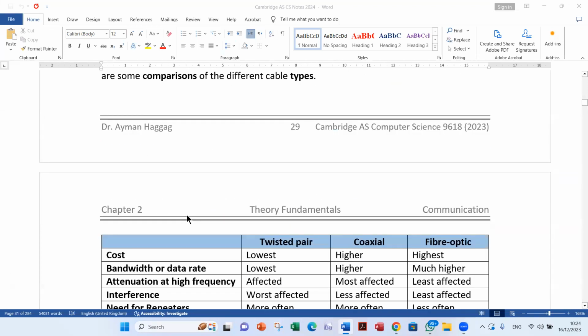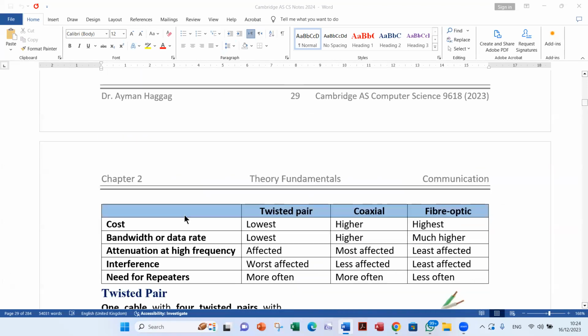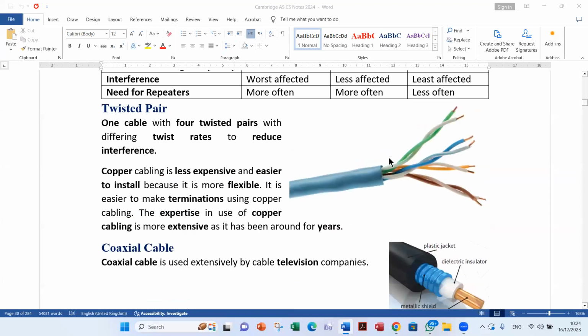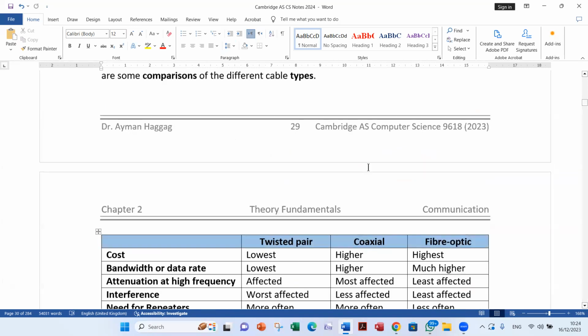Cables, what do I mean by cables? You have a cable like this. This is called twisted pair. We have a cable like this, and this is called twisted pair. This is the cable typically used with a star topology.